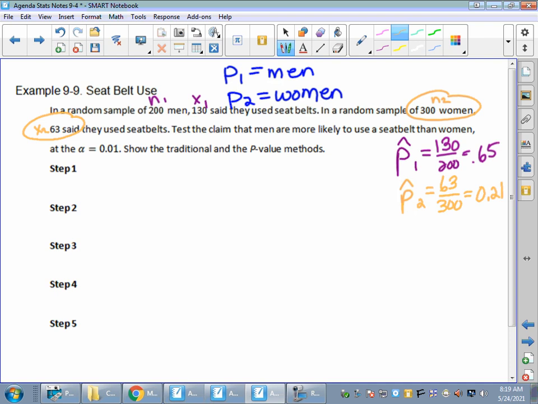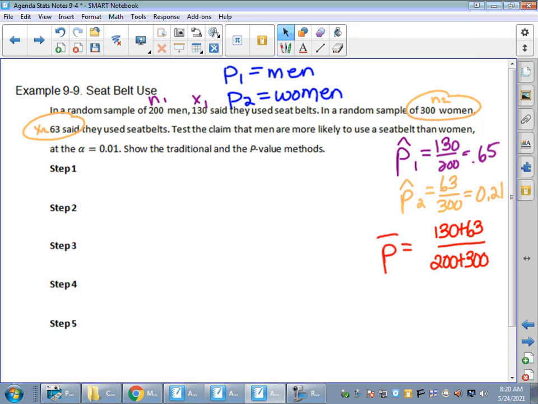The second thing I need to find is p bar. We said in that formula box that p bar was equal to the sum of my x's over the sum of my sample sizes. So my two x's, x sub 1 and x sub 2, are 130 plus 63, over the sum of my sample sizes, so 200 plus 300.